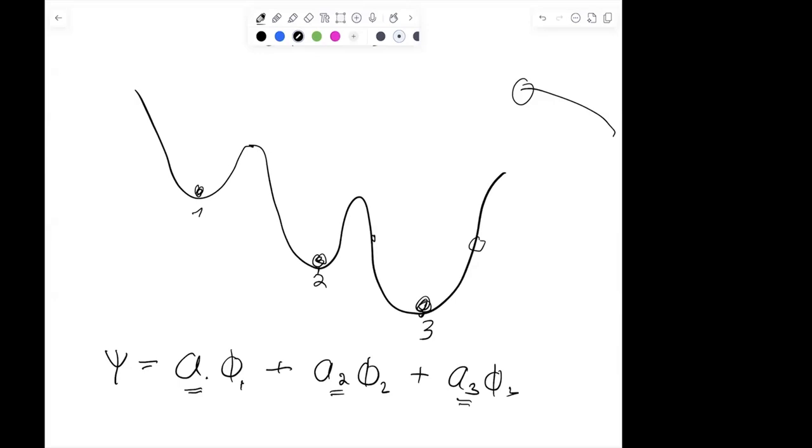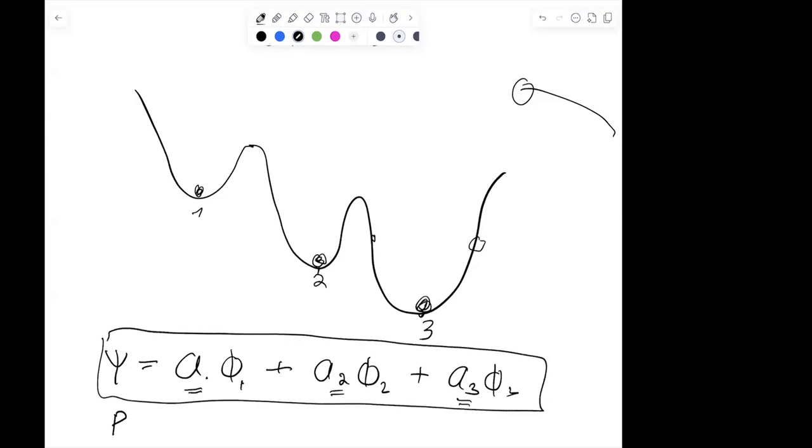One other thing which is really important is what would be the probability after I do a classical test. Before I did the test, this is the state of the system: a superposition of the three possible physical states. Once I do a test, let's say I want to know the chance to be in 3.